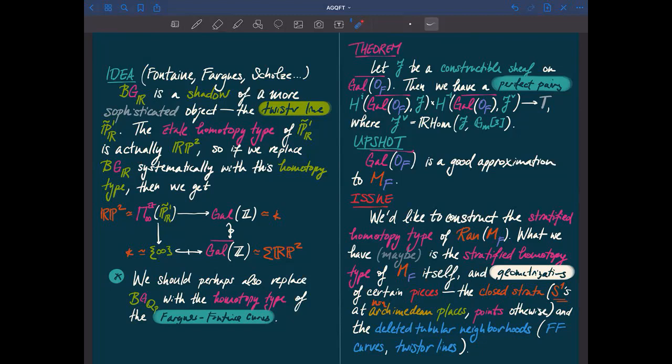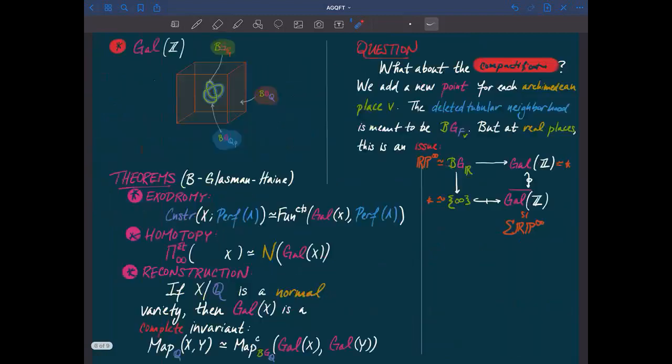I have a question. Go for it. I was thinking about the fact that it's a complete invariant. I forgot how you call it, Reconstruction Theorem or something like that. Yeah, this guy.